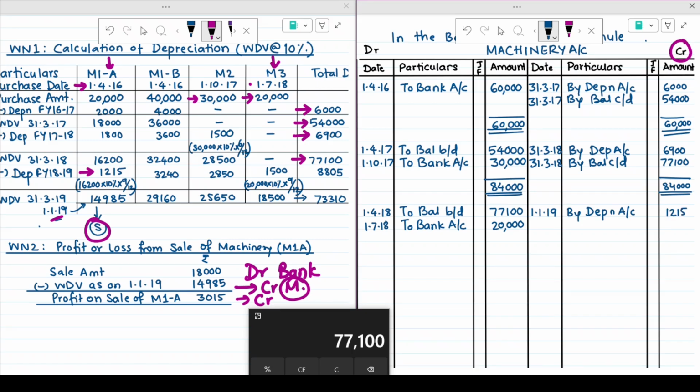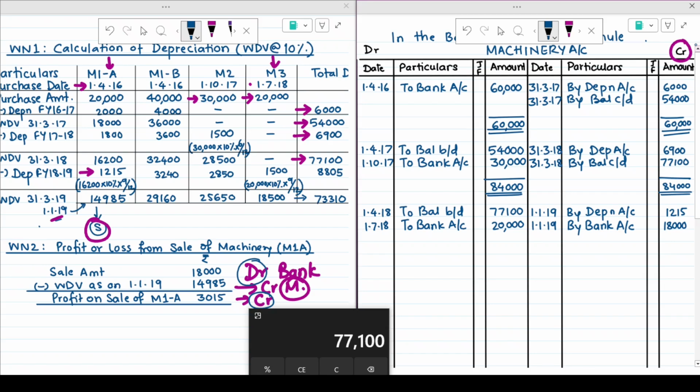And after this, we are going to pass the sale entry of machinery. And in this, we have analyzed bank account will be debited with 18,000 and machinery account will be credited with 14,985 with a profit of 3,015. So to credit the machinery account with 14,985, we will debit bank account and credit profit and loss account. 18,000 minus 3,015, we will get 14,985. So on 1st Jan 2019, we have received 18,000 by bank account.